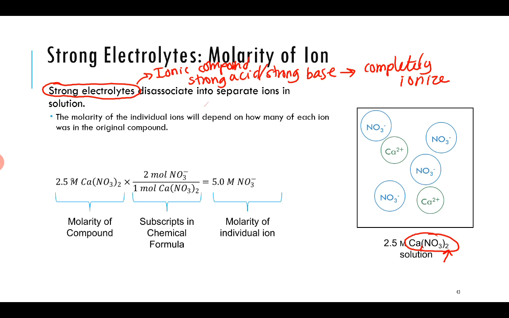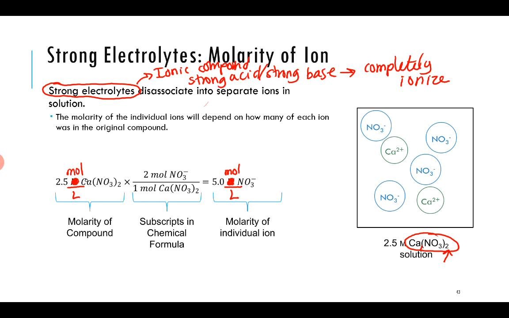In this practice problem, I wrote M like it's moles per liter, but we can rewrite that as moles per liter. Every time you see an M, you can cross it out and write moles per liter. So I'll cross out that molarity unit as well and write moles per liter. Now let's look at our units. We have 2.5 moles of calcium nitrate.